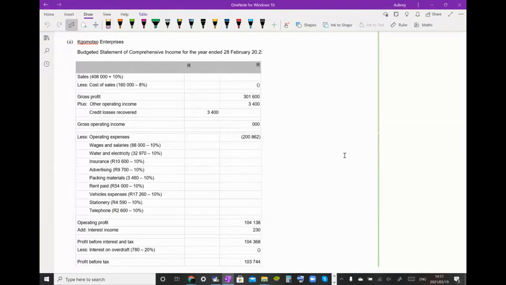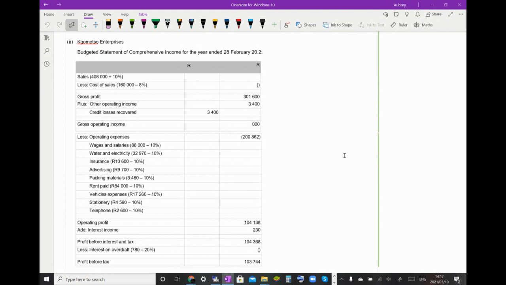2.4, under the required, it says prepare the statement of comprehensive income, all right, for the year ended 28 February 2001. Assume Kumutso Enterprises were to introduce the following measures for the financial year ending 28 February 2002.